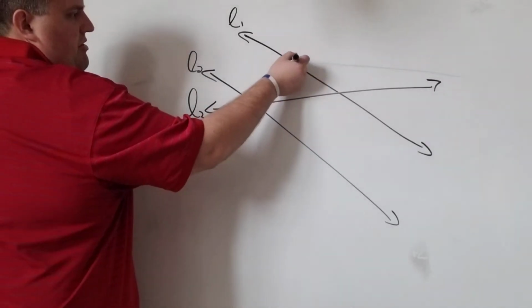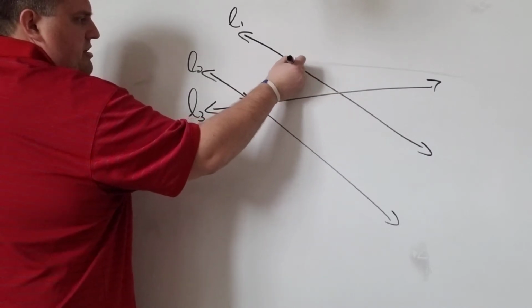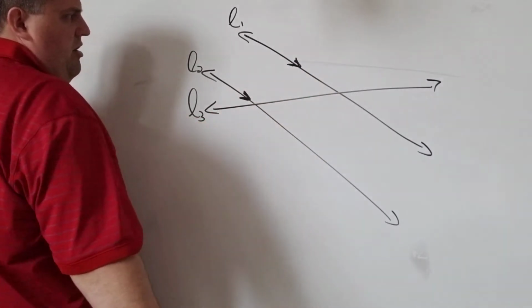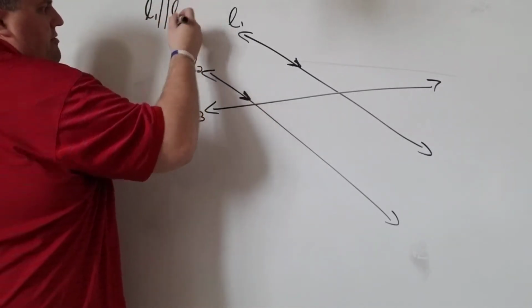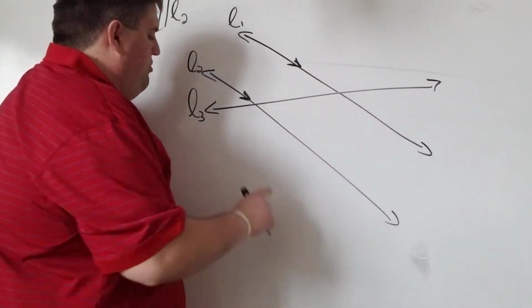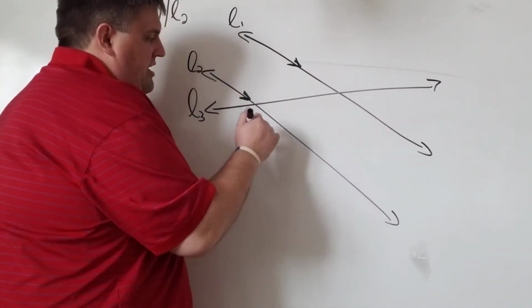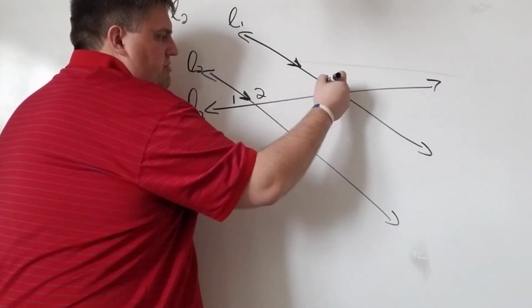And maybe we know that these two are parallel to each other. We can use this little arrow, or we could just say line 1's parallel to line 2, whichever one they give us. And we know that line 3 is a transversal then, and it gives us all sorts of angles.